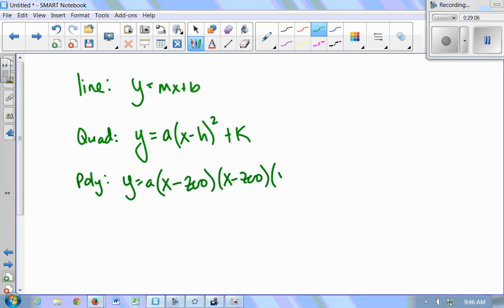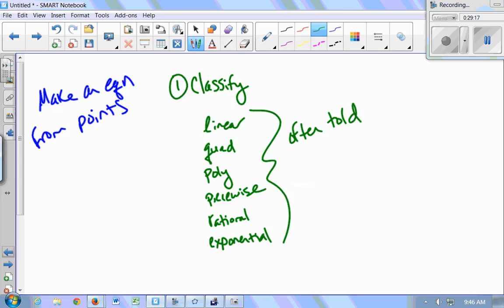Each factor is going to be x minus a zero. And then there's some unknown leading coefficient a. Piecewise is just going to be a combination of any of the other ones.